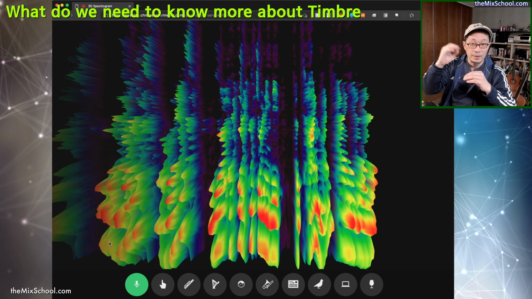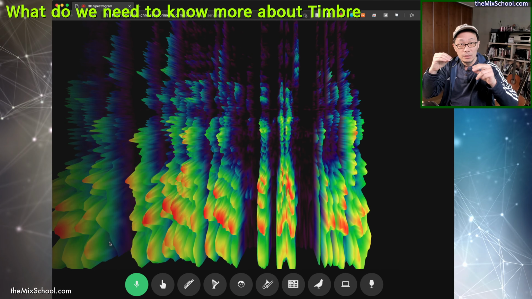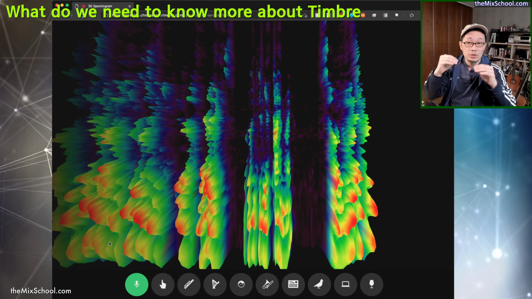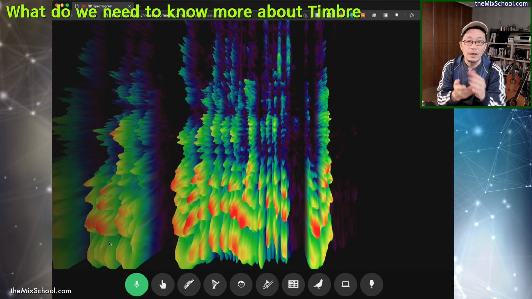So the attack time, hold and release on the gate and compressor. It is everything about controlling the levels according to time, right? So you are actually controlling the frequencies in that time.